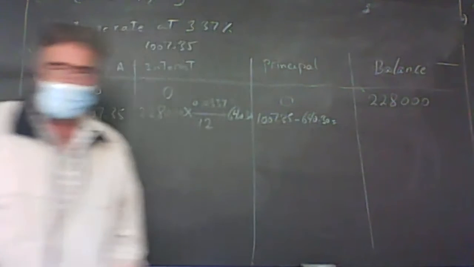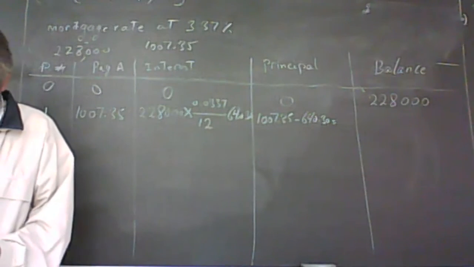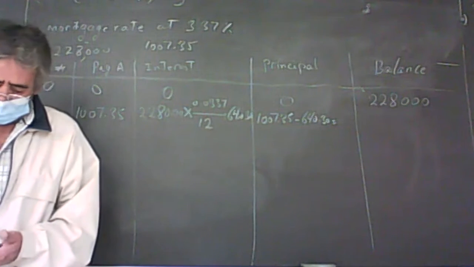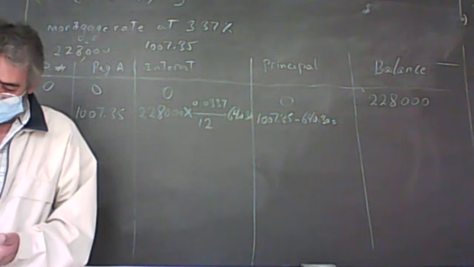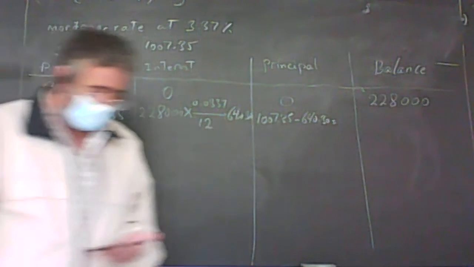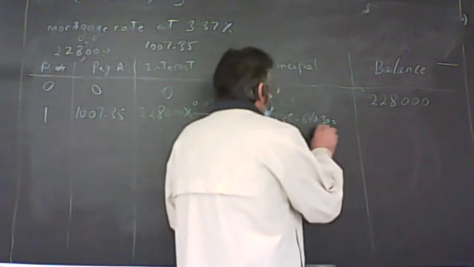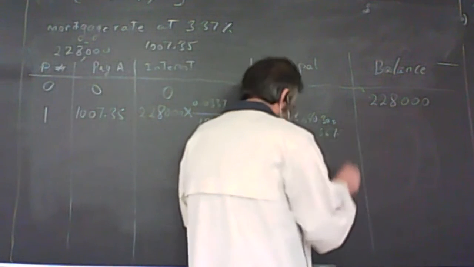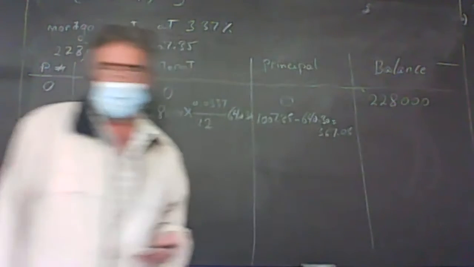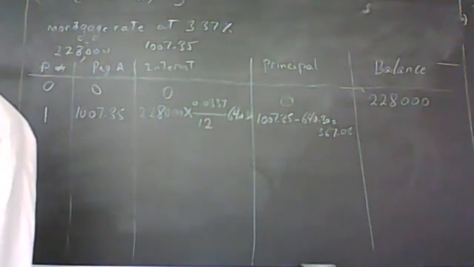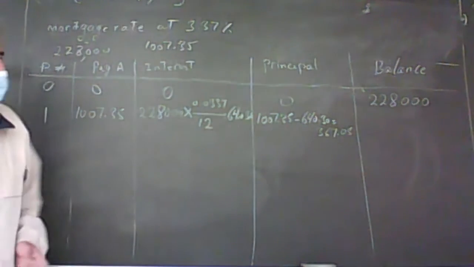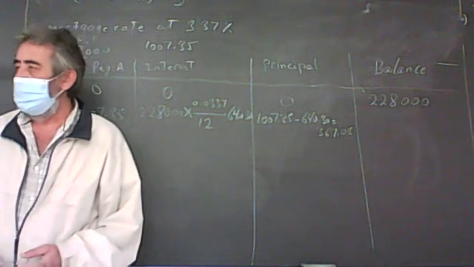Whatever amount I get is what went toward the loan. So 1007.35 minus 640.30 is $367.05. That's how much we paid toward the loan.